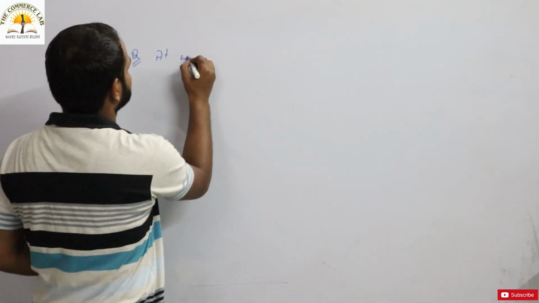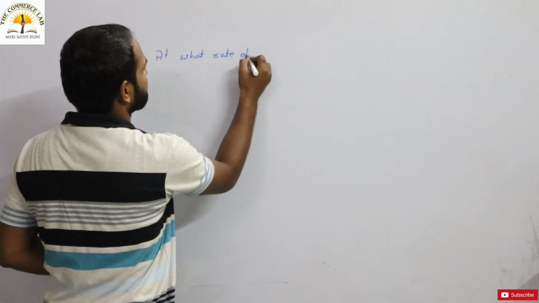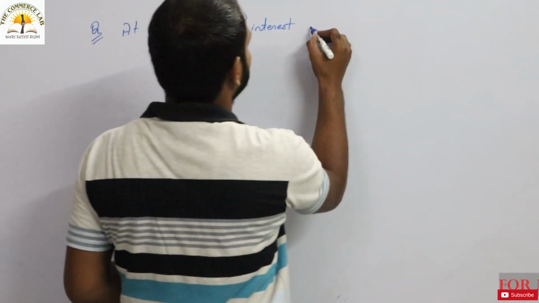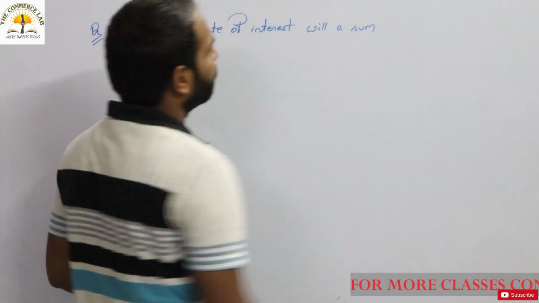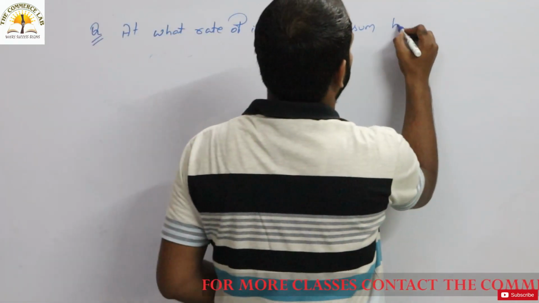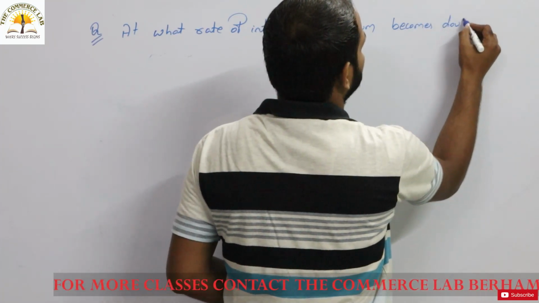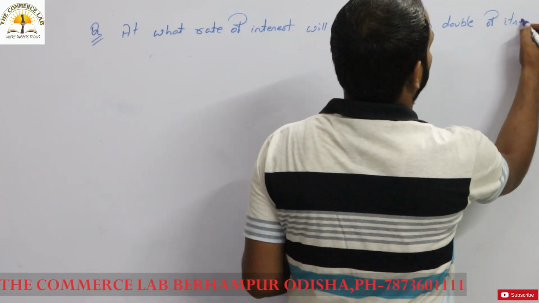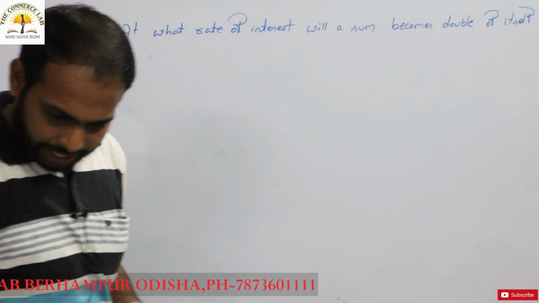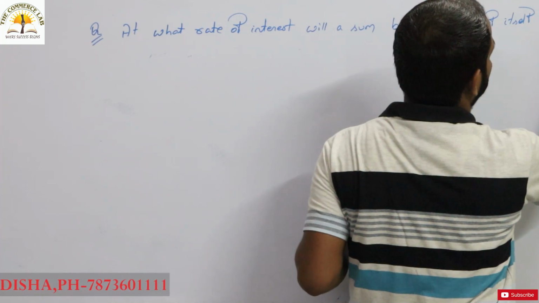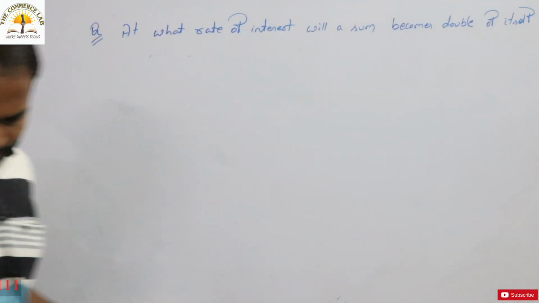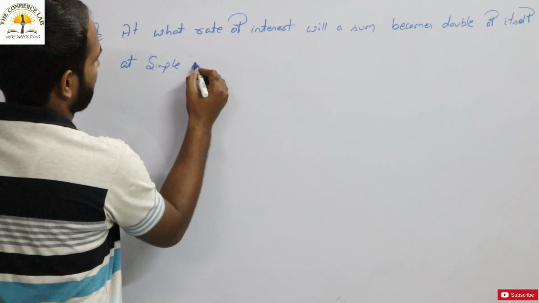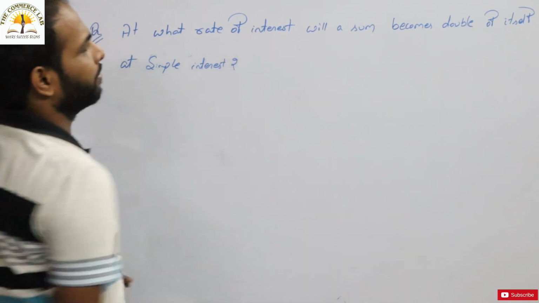At what rate of interest will a sum become double of itself in 5 half years at simple interest?